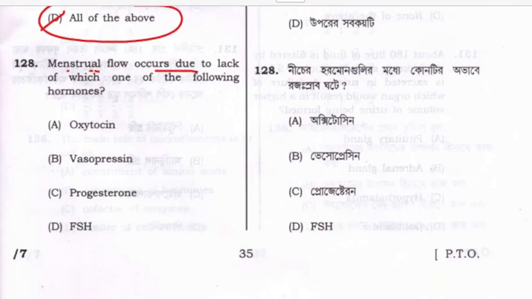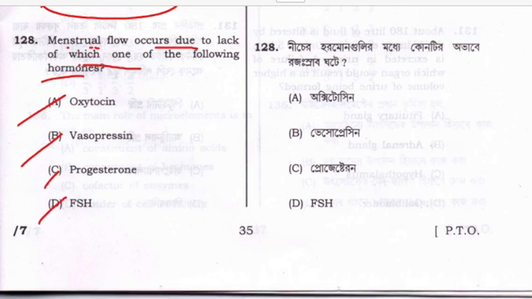Menstrual flow occurs due to lack of which one of the following? Oxytocin, vasopressin, progesterone, FSH. So the correct answer is progesterone. If the amount of progesterone is low, the menstrual flow will occur.